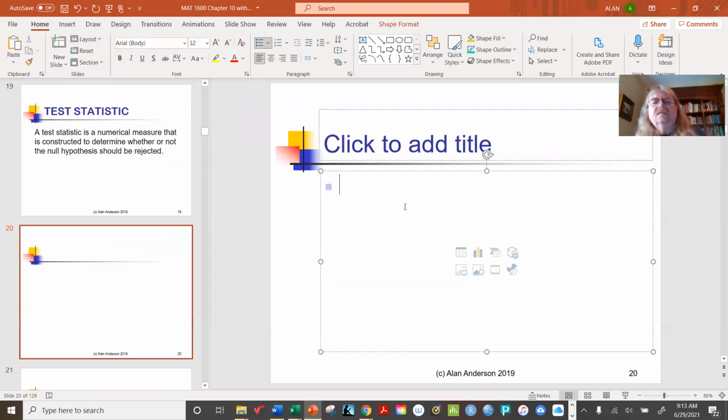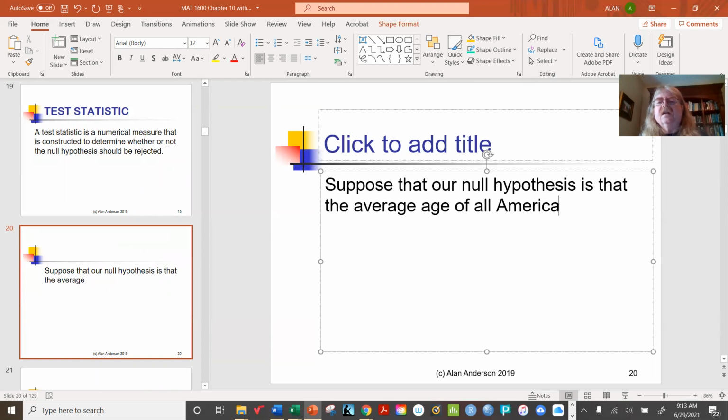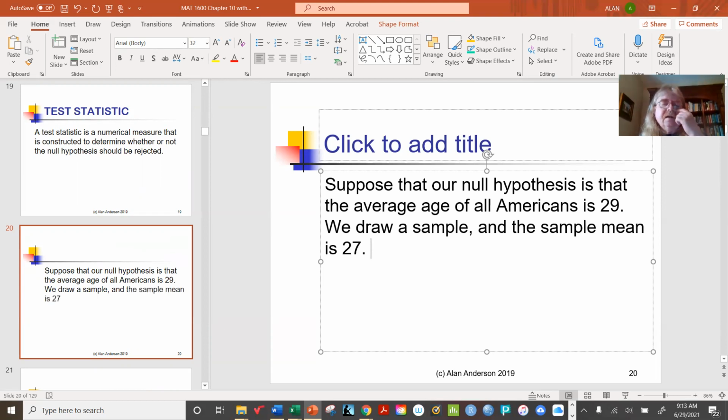Suppose that our null hypothesis is that the average age of all Americans is 29. We draw a sample, and the sample mean, 27. Now, here's the problem. Is this sufficient?